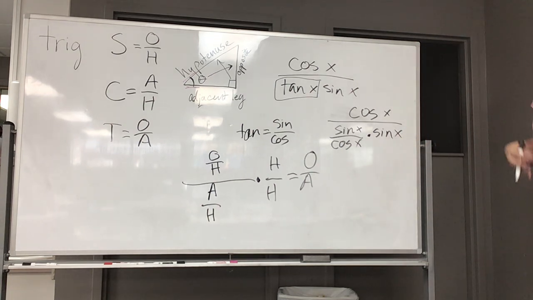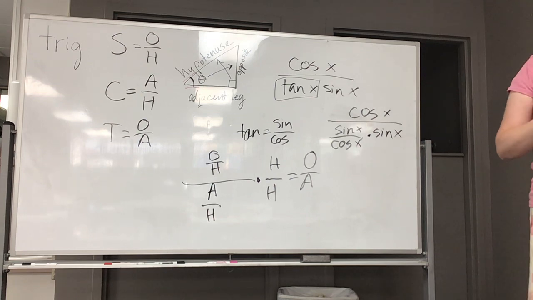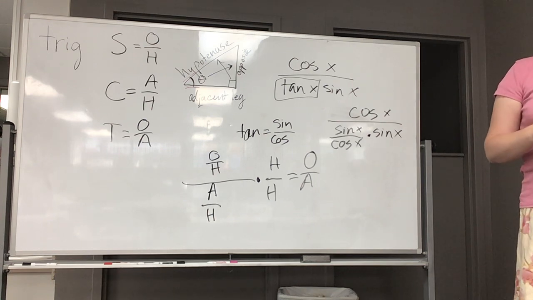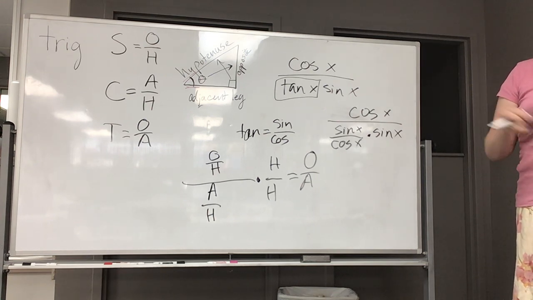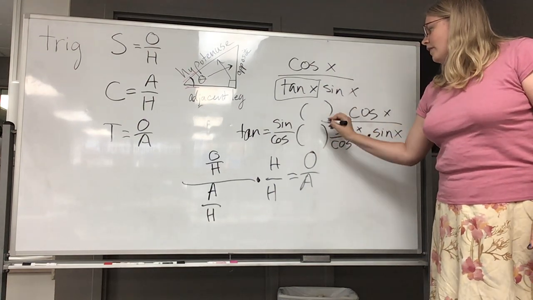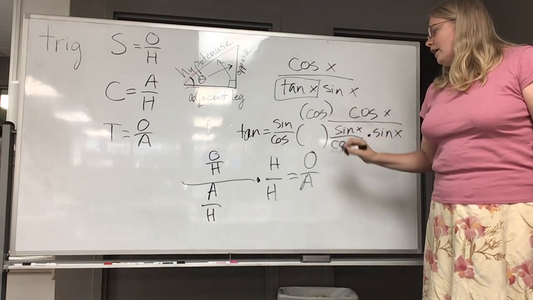One of the biggest things you can do with fractions, and this will come up in Algebra 2 a lot. And I think a lot of you said that you had done geometry, so you're taking Algebra 2 right now. This is going to be second semester Algebra 2 stuff, but I'm just showing it to you so that if it comes up. So we're going to multiply the top and the bottom by cosine.